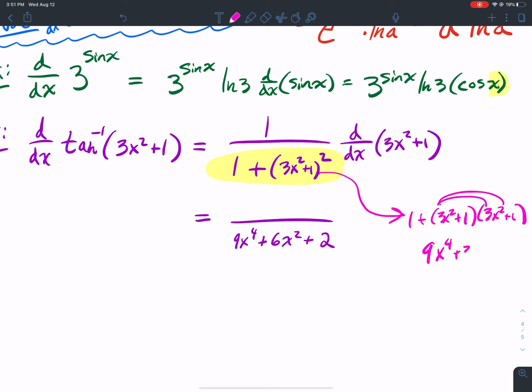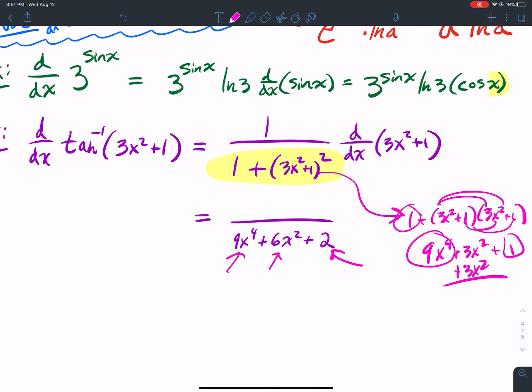Then I have plus 3x squared plus 3x squared again, and then plus 1. But I have a plus 1 and a plus 1 makes the plus 2. 3 and 3 make 6x squared, and then I have the 9x to the 4th right there. Okay, so that's where that distributes out to get the denominator.